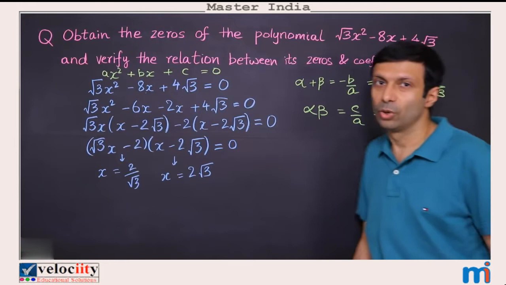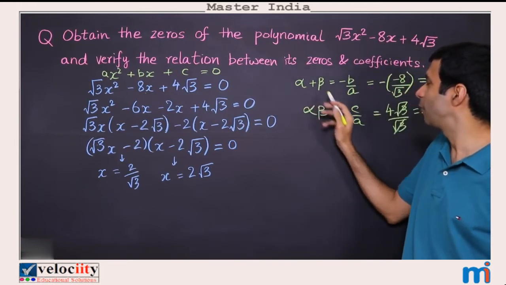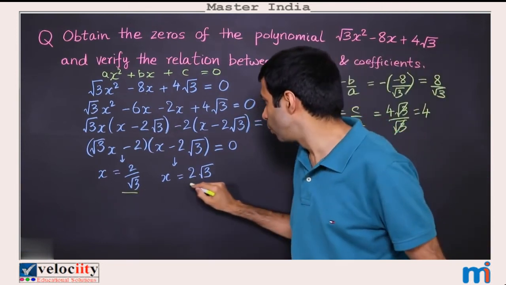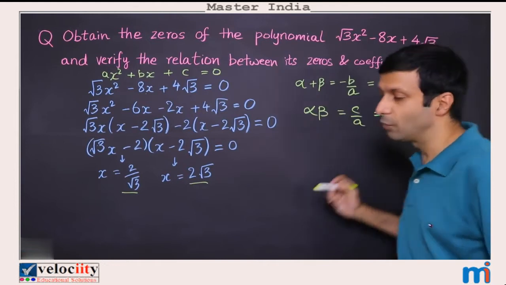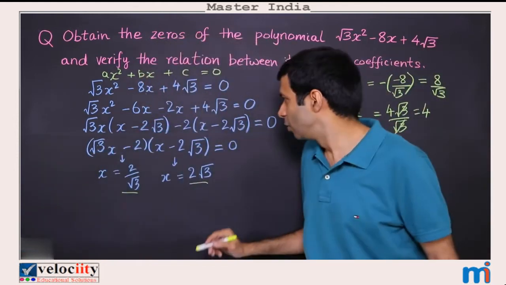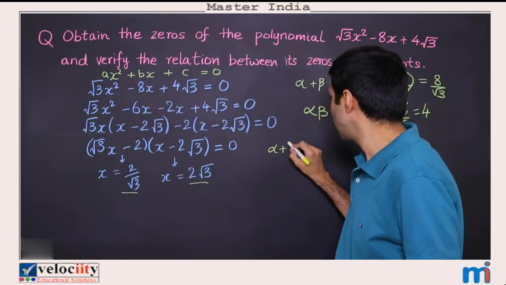Okay, and so to verify this relation, because we have used alpha plus beta and alpha beta, since we know the zeros, we are going to check if the values that we got using the relation are right or not. That's pretty simple. First thing you'll do is take alpha plus beta.